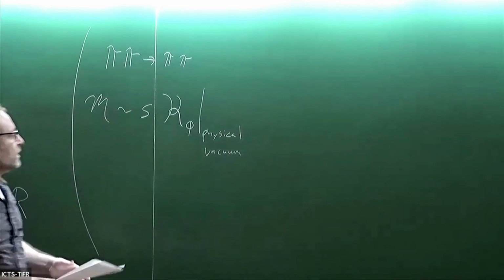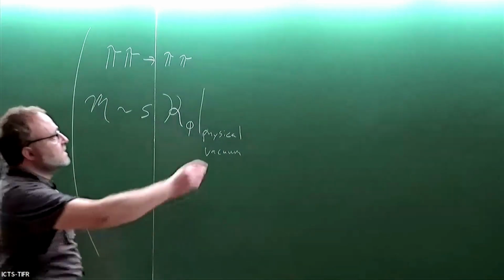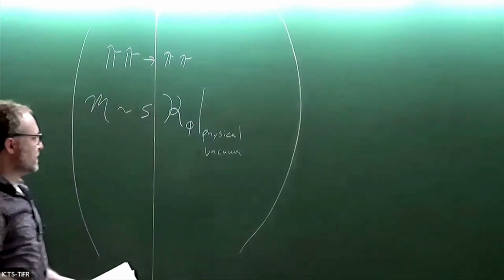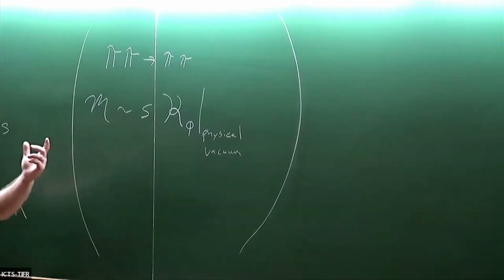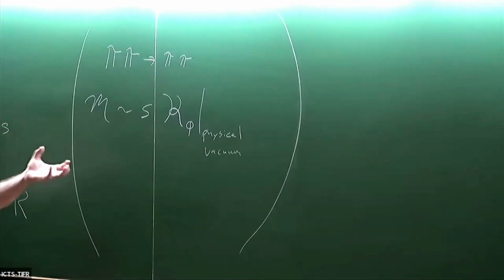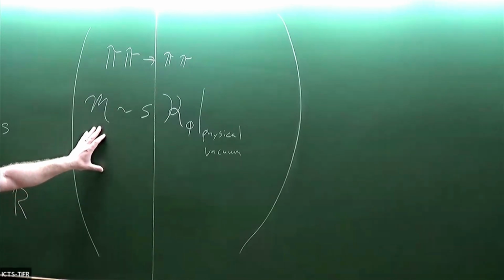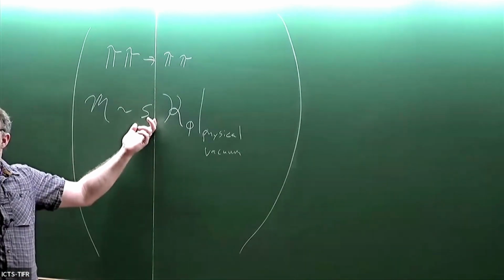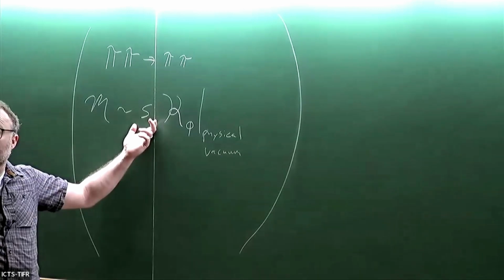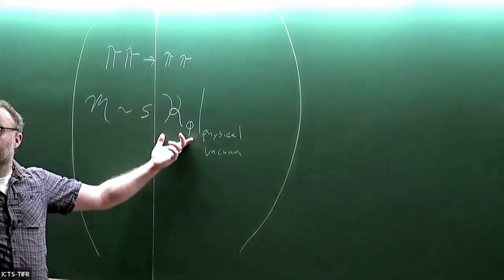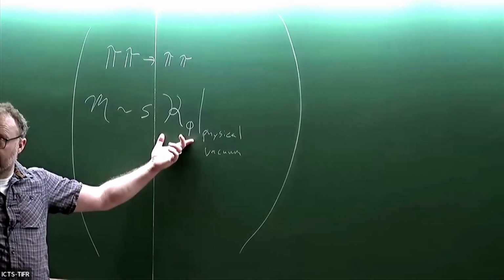The last little point I want to make in this aside is that with amplitudes written in terms of field space geometry, what you'll always find is kinematics, the Mandelstam S, times some field space dependent quantity.